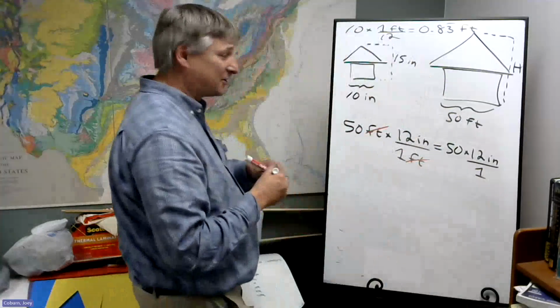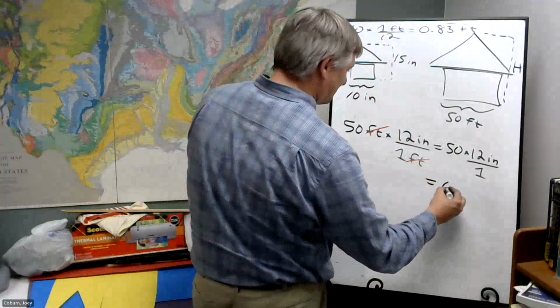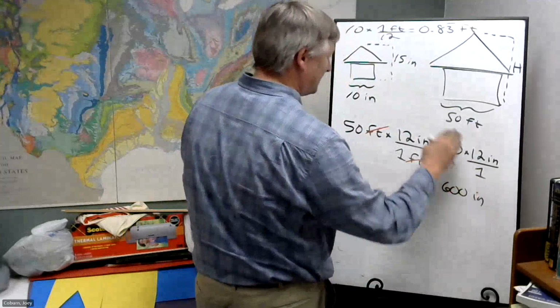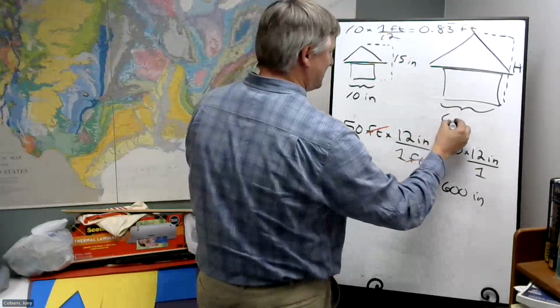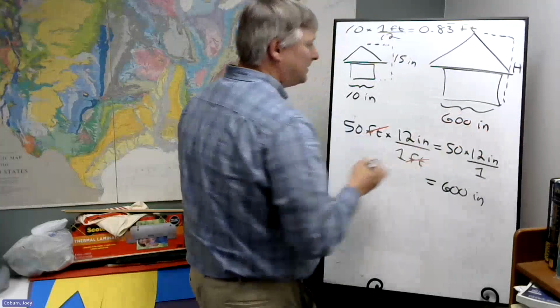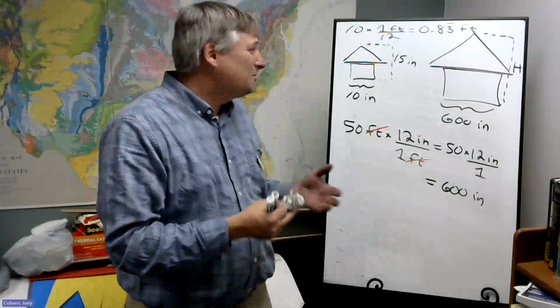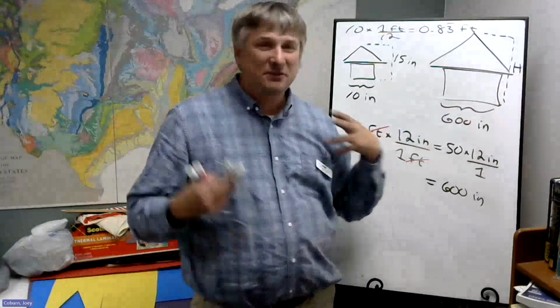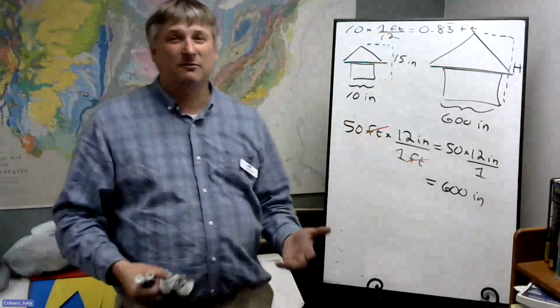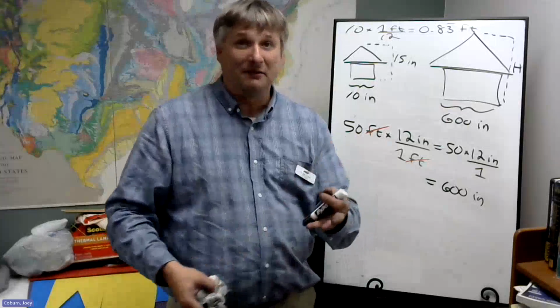And that gives 600. So now 600 inches. Now when we think about the heights of things, we do tend to think of them in terms of feet instead of inches. So we'll want to convert the answer at the end back into feet.